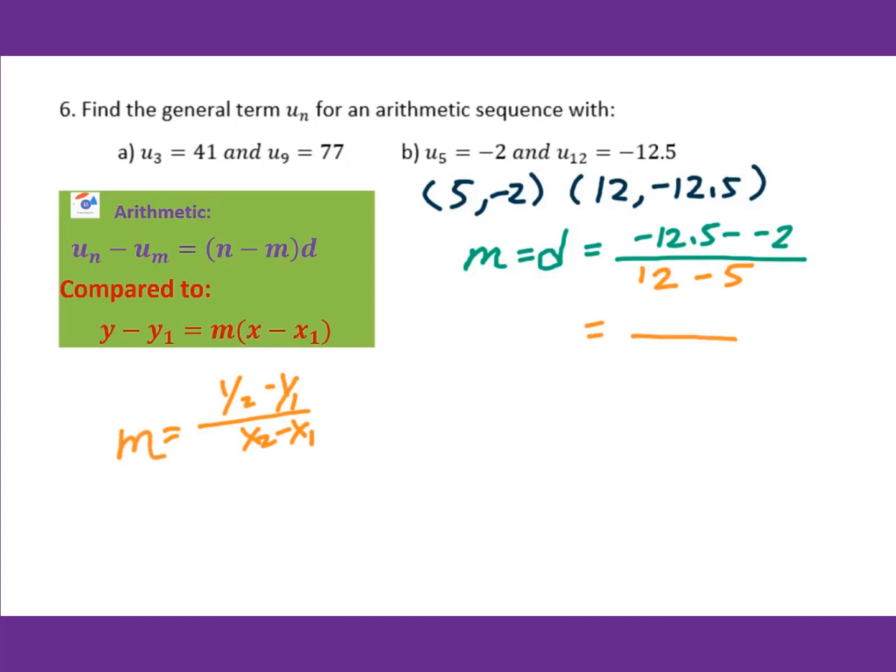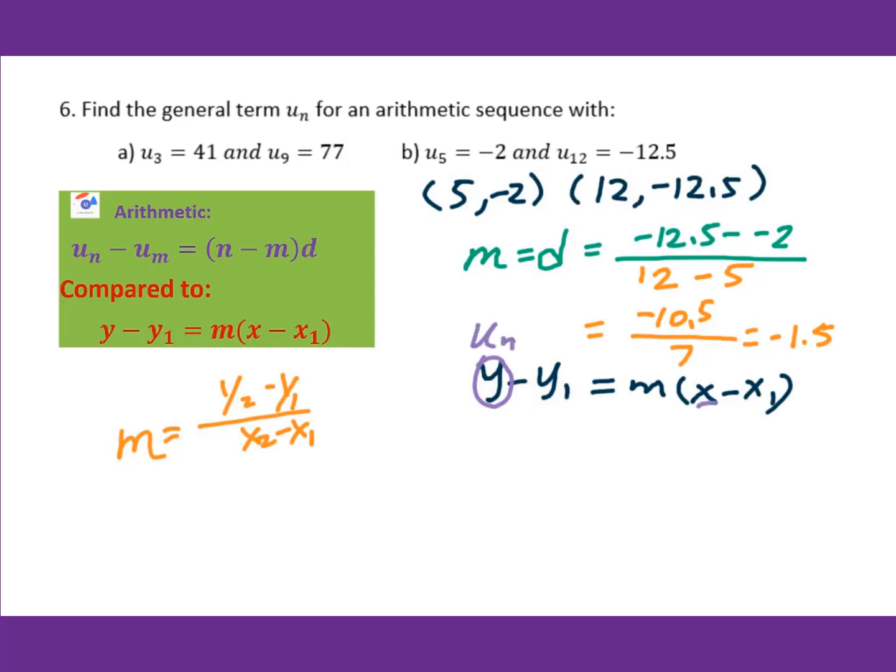So we get negative 10.5 over 7, that's negative 1.5. Then we use y minus y1 equals slope times x minus x1 to plug in. For an arithmetic sequence, this y means u sub n and this x means n.